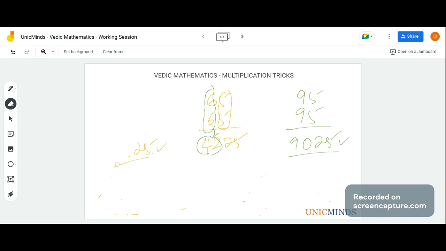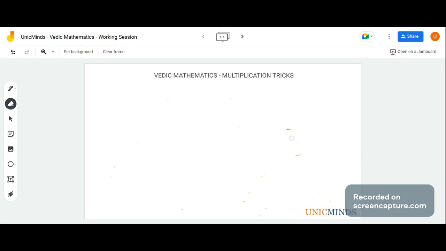Let me just erase this, and we can start with the next technique. Okay, let's start with the next technique, which is a multiplication of any number with nines.